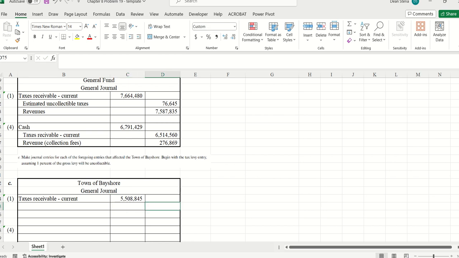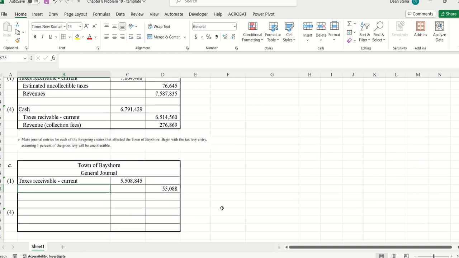And then we're going to take 1% of that number right there, and we get the 55,088, and that is going to be called estimated uncollectible current taxes.